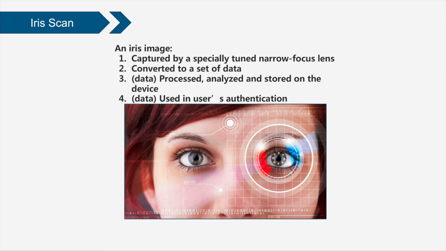Once the iris is illuminated, a narrow focus lens will capture one image. After the device analyzes this image, it will create a clear set of data on your phone. All data processing, analysis, and storage are done locally and are encrypted so that it cannot be accessed unless the user's iris has been authenticated.